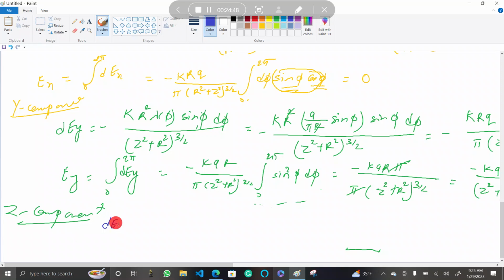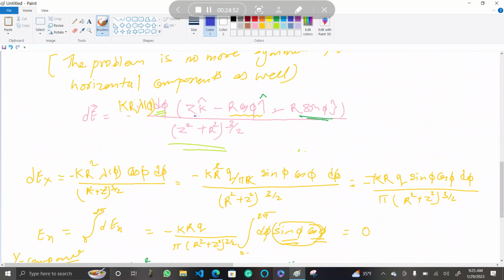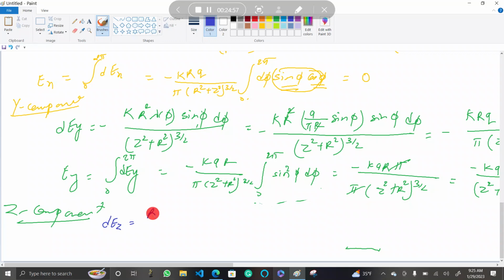Here dEz is this part, r k g by r square plus g square to the power 3 by 2 lambda phi into d phi, so Ez equals the integration over 0 to 2 pi of dEz.